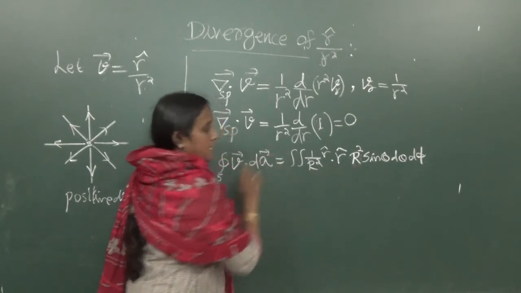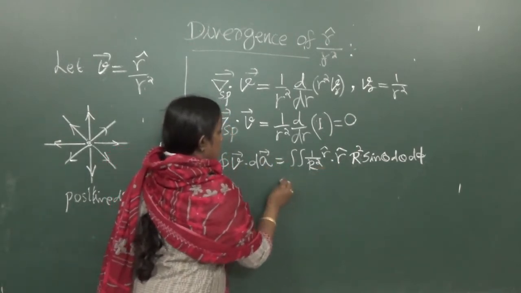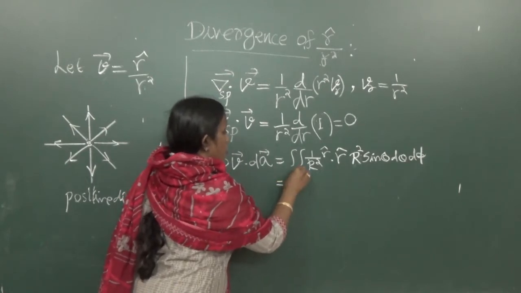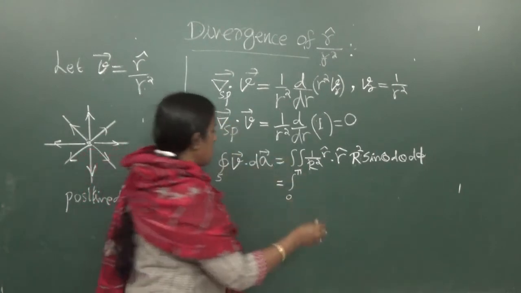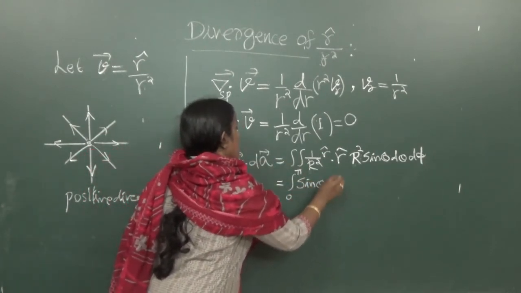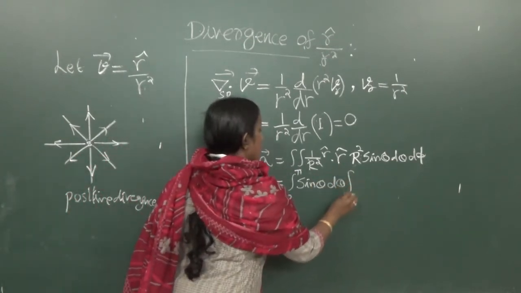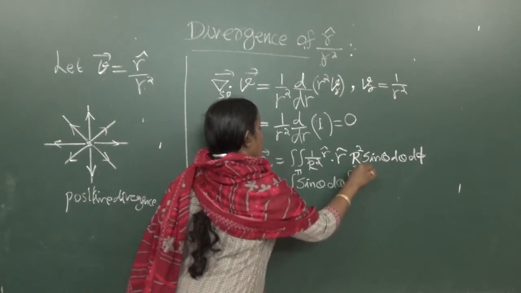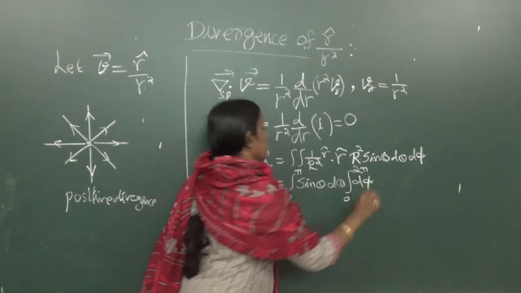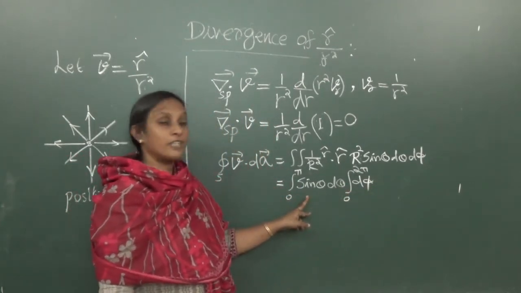These R squares cancel out, and you have the integrals like this. Integral 0 to pi of sin theta d theta for the polar angle, then integral 0 to 2 pi of d phi for the azimuthal angle. Here you get 2 pi, here you have 2.